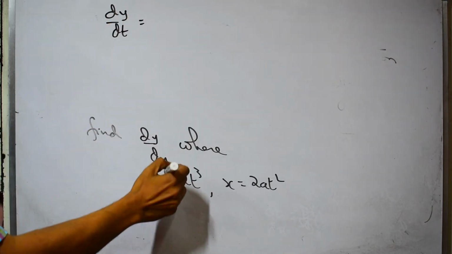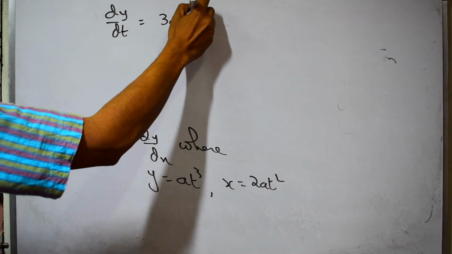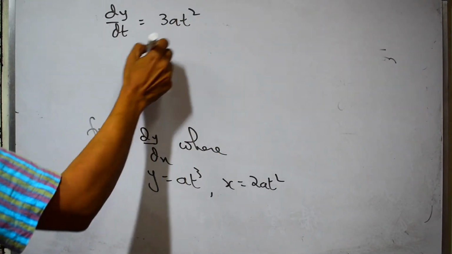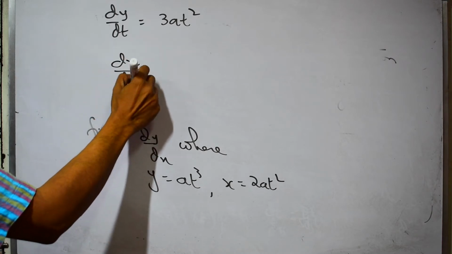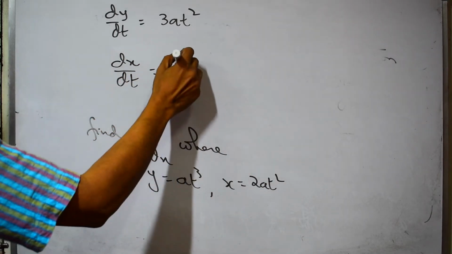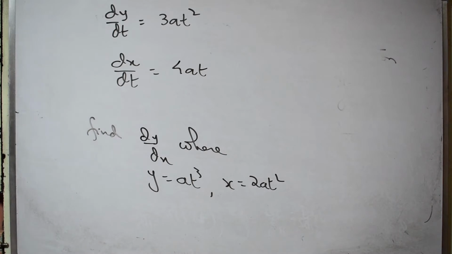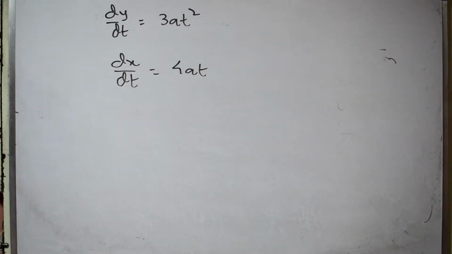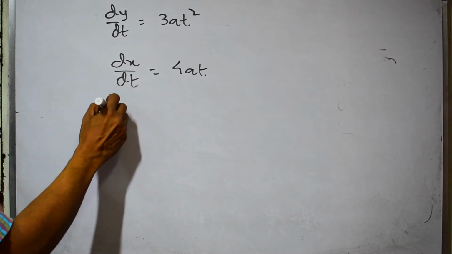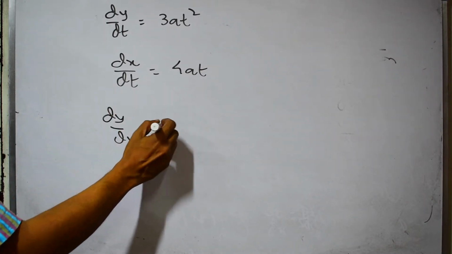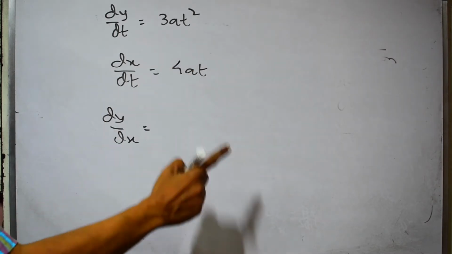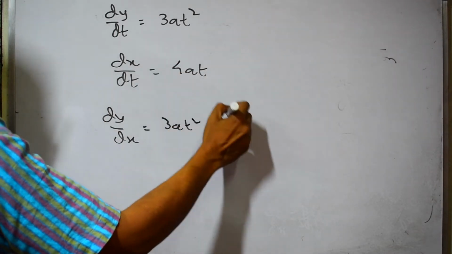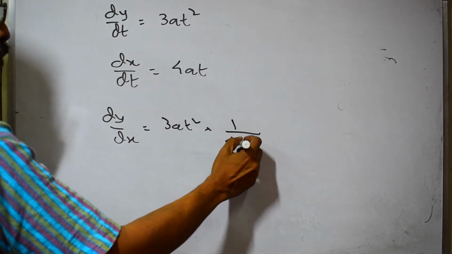dy/dt means 3a t square, because a t cube, when we are differentiating, 3 will come and t square, and when we are finding dx/dt, then we'll see 4a t. So we have found dy/dt and dx/dt. Our target is to find out dy/dx. dy/dx is dy/dt into 1 by dx/dt. When dy/dt is 3a t square into 1 by dx/dt, that means 1 by 4a t.